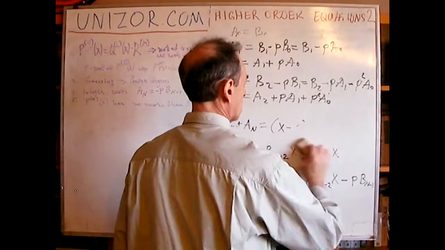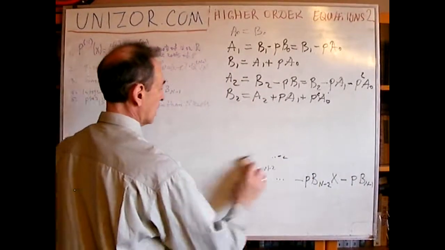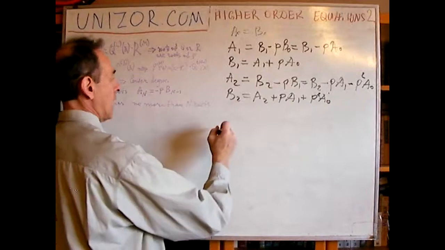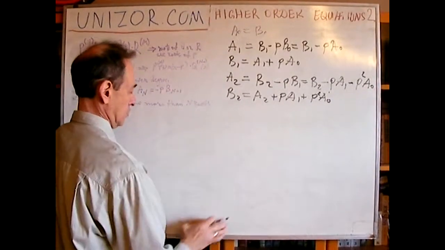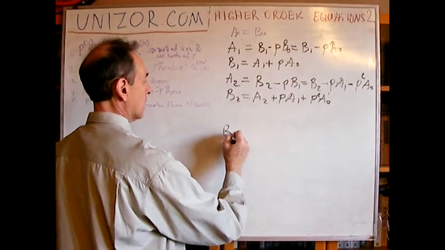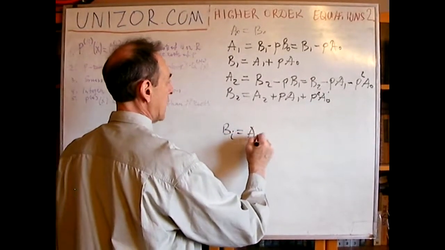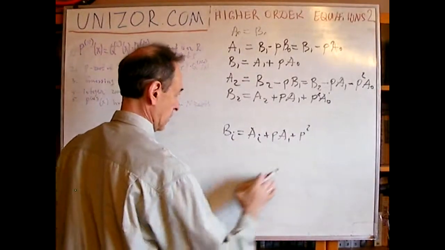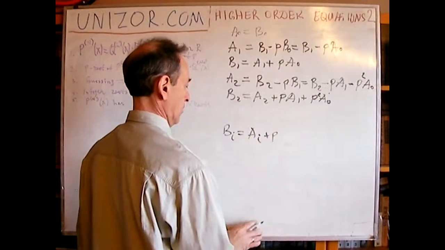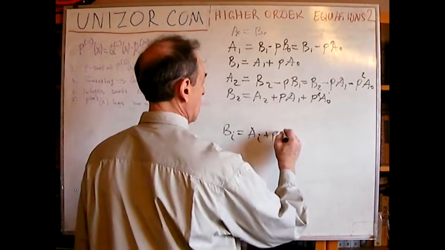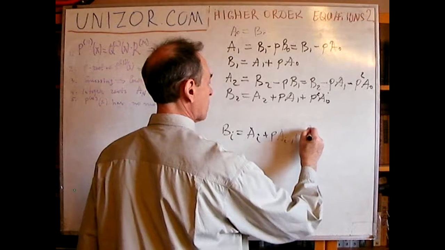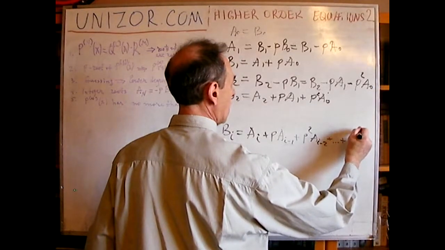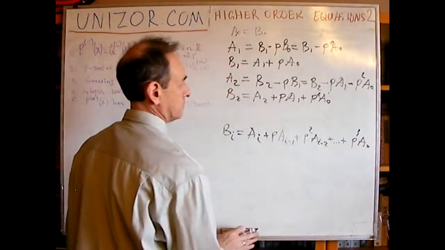So, without going into the details and without a rigorous proof by induction, I hope that you will just believe me that any coefficient bi is equal to ai plus p a(i-1) plus p squared a(i-2) plus etc. plus p to the i a0.